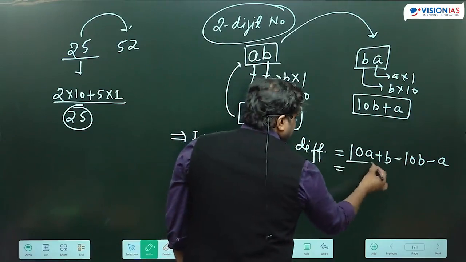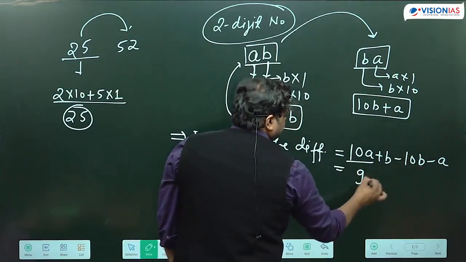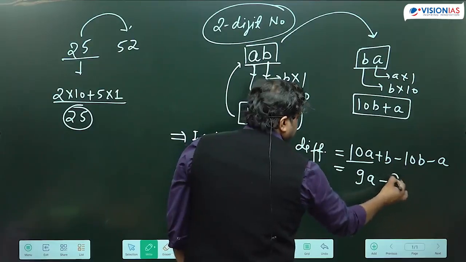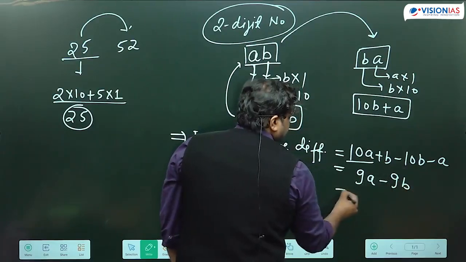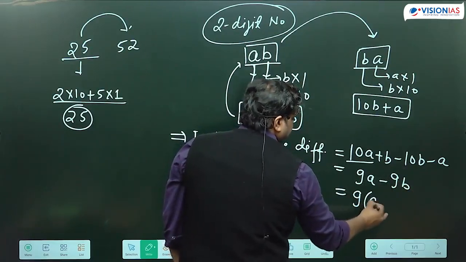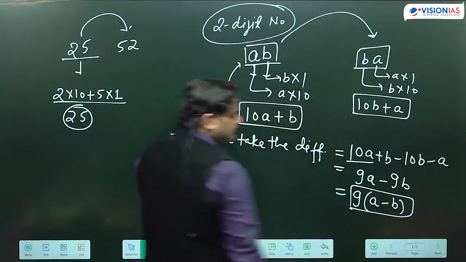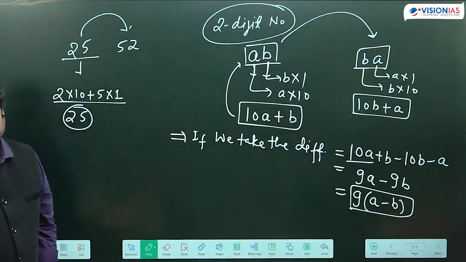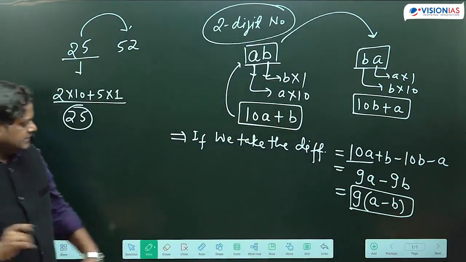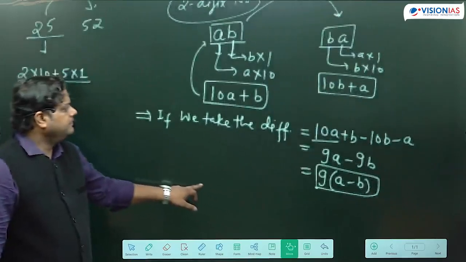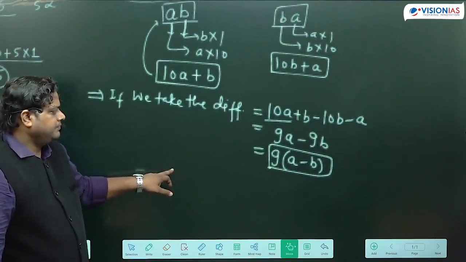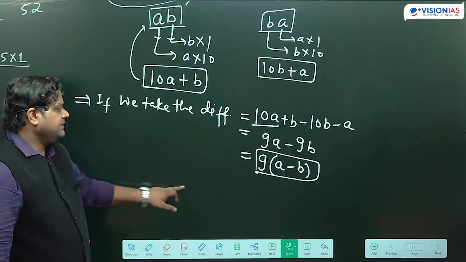What we can write? 10A minus A, 9A minus 9B. That means we can write कि this is 9 into (A minus B). This will be the difference.